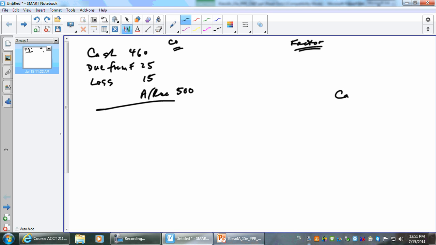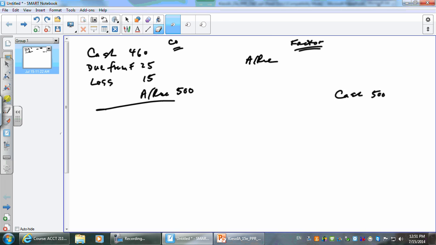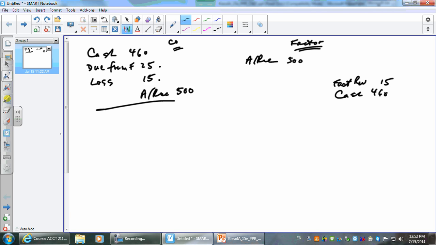They would debit accounts receivable for the 500, credit cash for 460, credit factoring revenue for the 15, and then credit due to the company for 25. Here's where they're at.